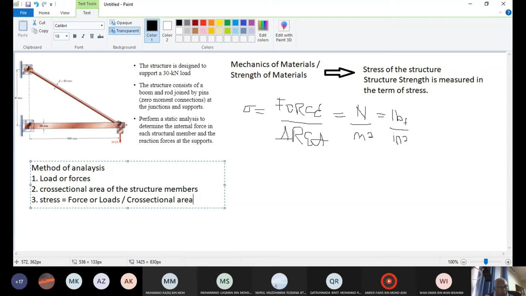I'll record this and put it on YouTube and you can follow. So this is the process. First you need to look at the load, then you look at the cross-sectional area and then divide the load over the cross-sectional area. You get the stress. Number 4, you compare the calculated stress with the material strength.